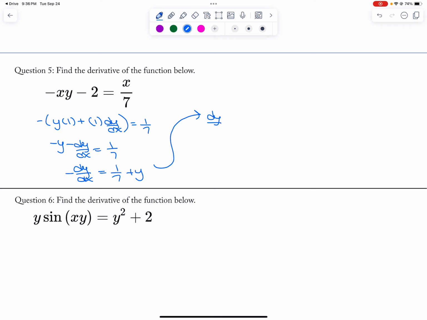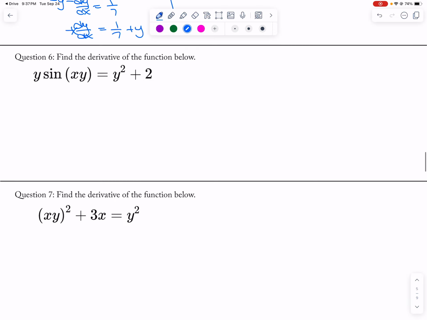So dy/dx is equal to, oh, I messed this up. This should be negative x. Is 1 over 7 plus y over negative x. And you could find a common denominator, but I'm not super concerned about it.